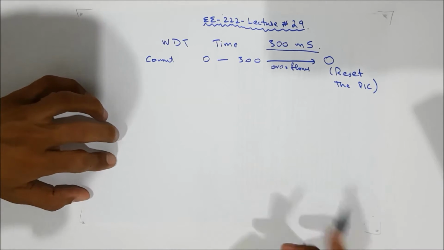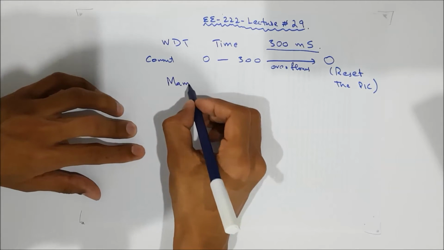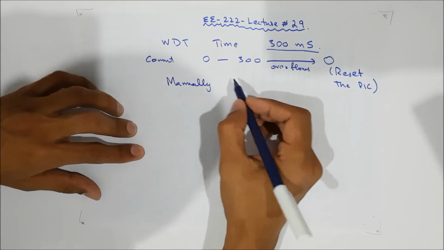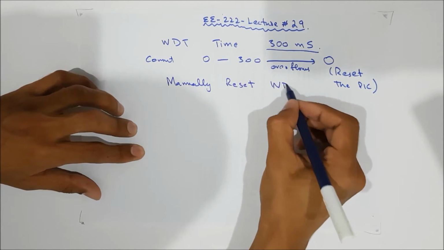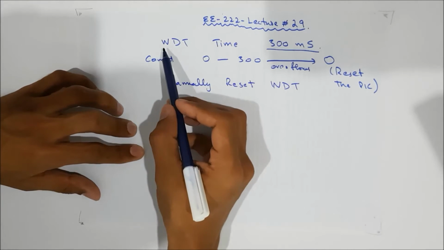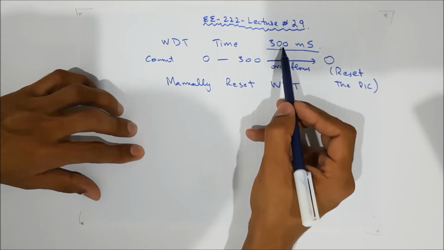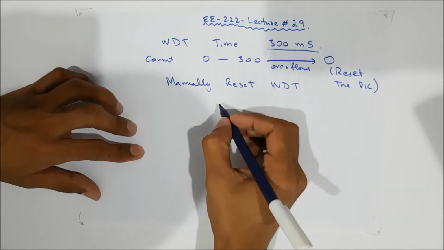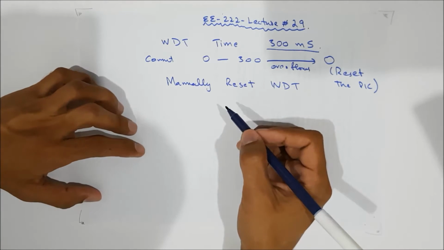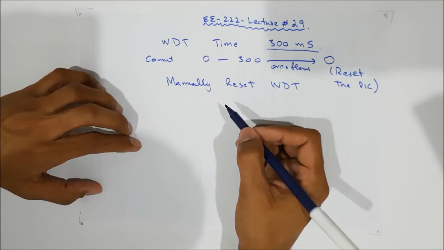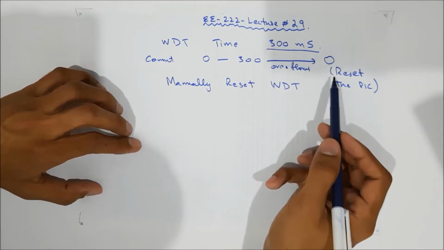Otherwise, if your program is behaving normally, you have to manually reset this watchdog timer after certain intervals. For example, if we have set the overflow time of watchdog timer to 300 milliseconds, we have to reset it after every 299 milliseconds at least, to stop it from overflowing and stop it from resetting the device.